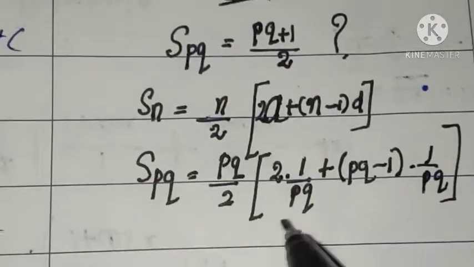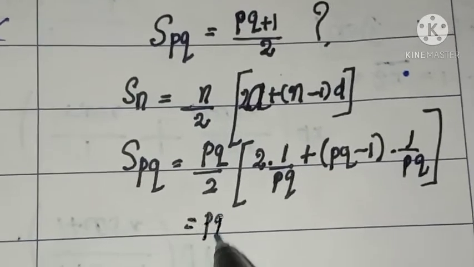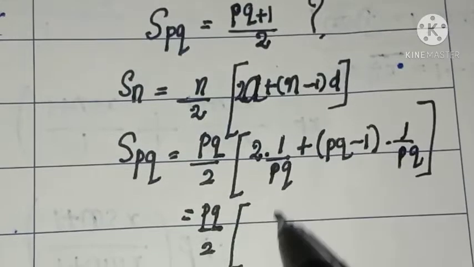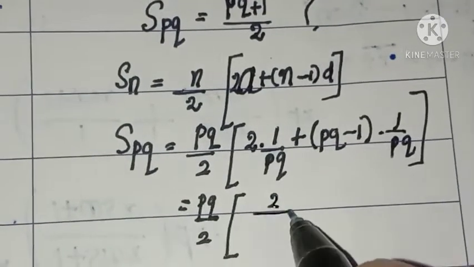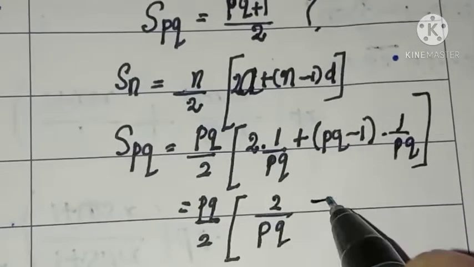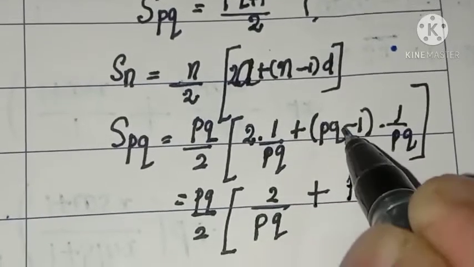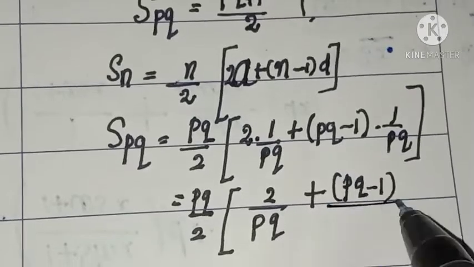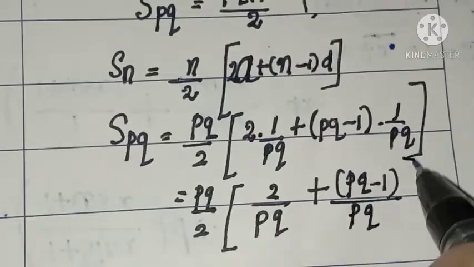Now simplify all these things. That is pq/2 [2 × 1/pq + (pq − 1) × 1/pq].